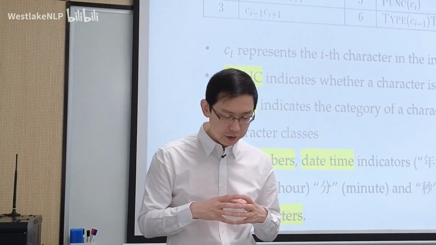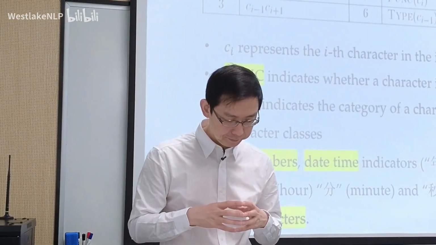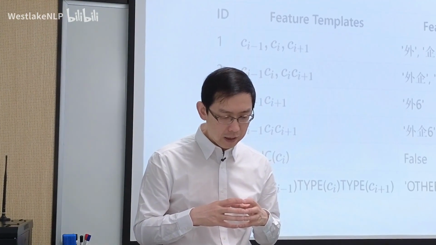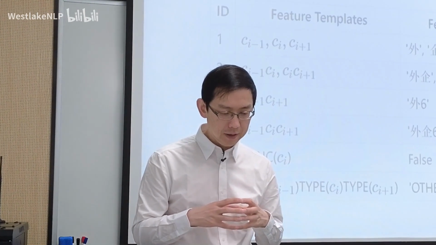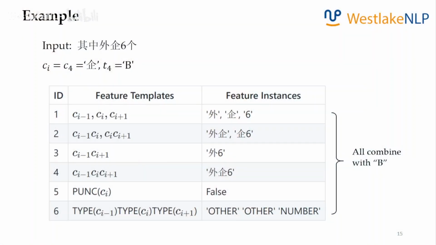Next slide shows you an example. There are 6 characters. This means among which there are 6 foreign institutes.